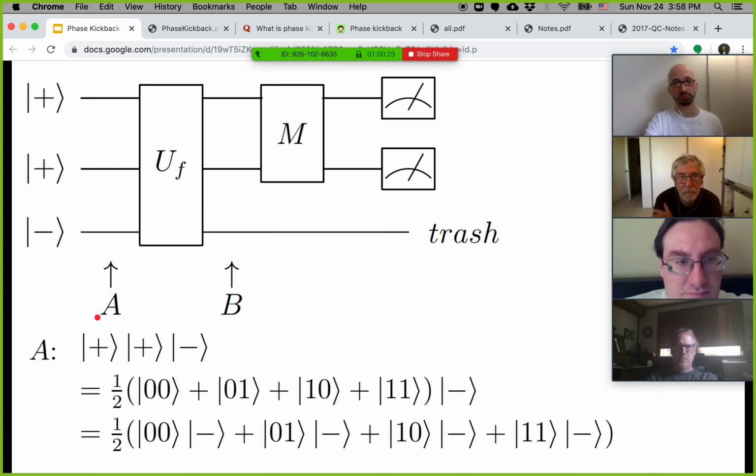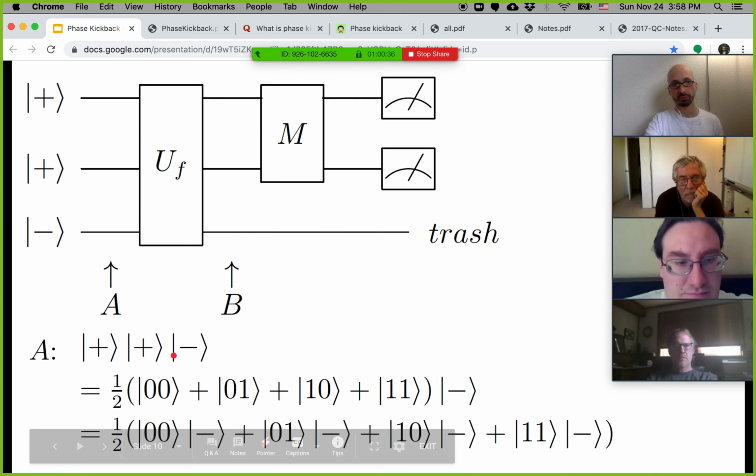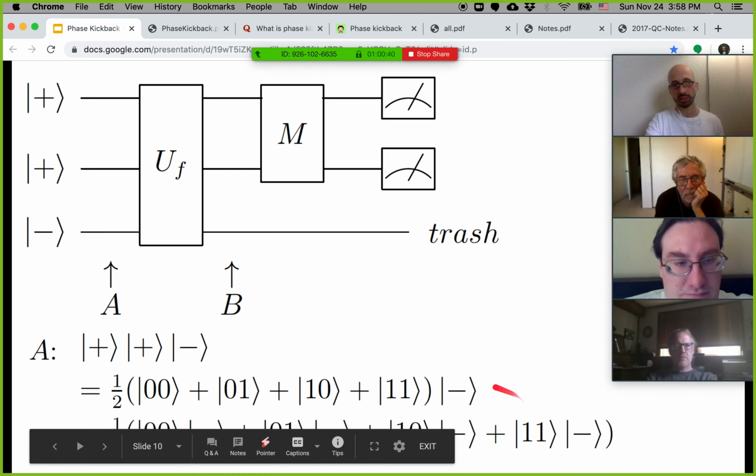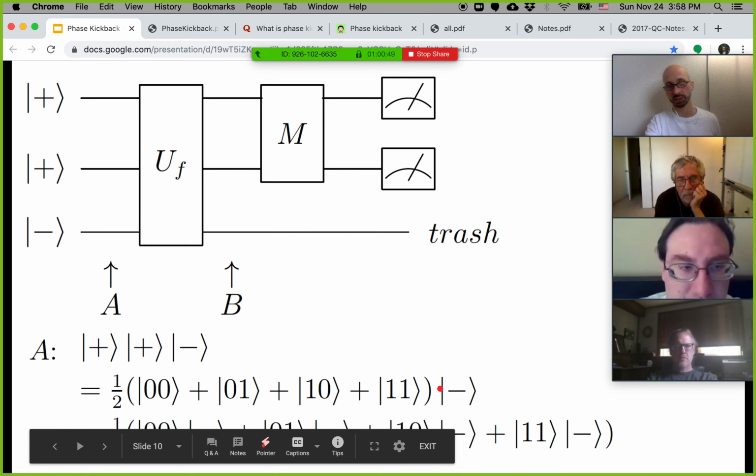Now, at point of time A, we have the state A, plus, plus, minus. And plus is equal superposition, and minus, because the target qubit is not going to change anyway, I just kept it as a minus, and I kind of spelled out plus as this. So this plus plus is an equal superposition of those four states.